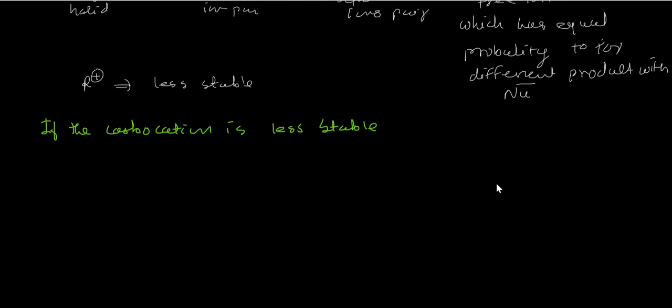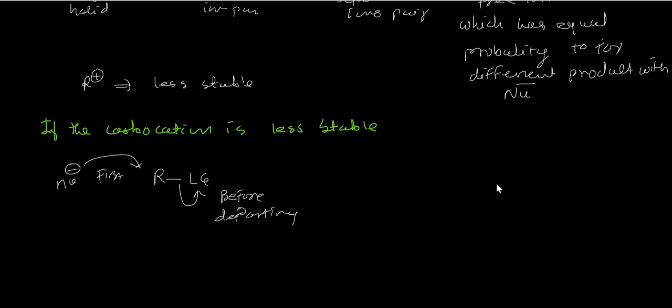Suppose this is the reaction, this is the alkyl group and this is the leaving group. If R plus is less stable, then in that case the nucleophile attacks first, before departing of the leaving group.